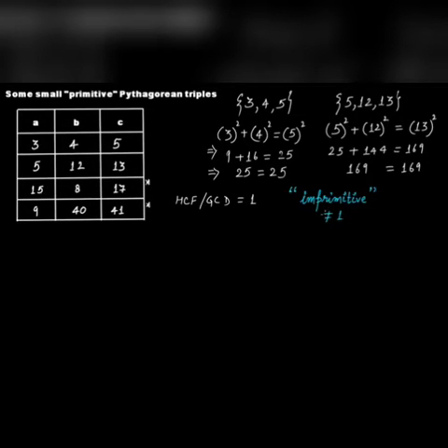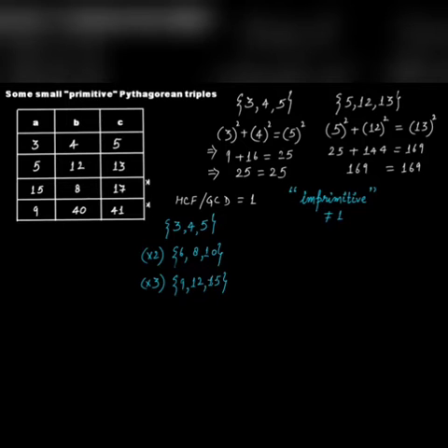Okay, so let's take this 3, 4, 5, this Pythagorean triple. If we multiply this Pythagorean triple by 2, then you get 6, 8 and 10, right? If you multiply this Pythagorean triple by 3, you get 9, 12 and 15.